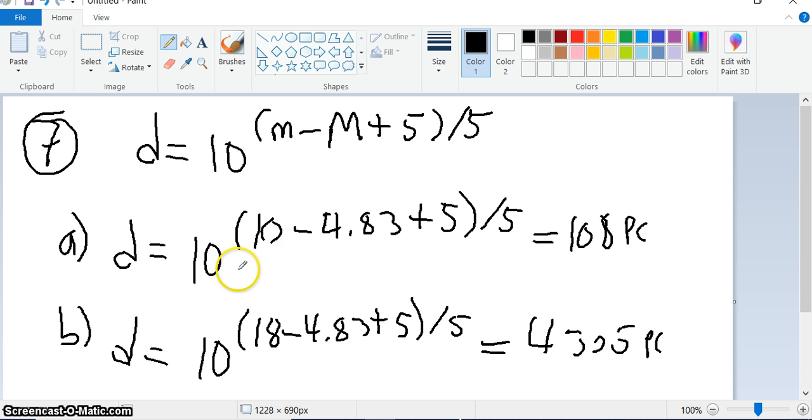So it's 10 raised to this power. Do this part first: 10 minus the 4.83 plus 5. Calculate what that is, then divide by 5, and then you take that answer and say 10 raised to that power.